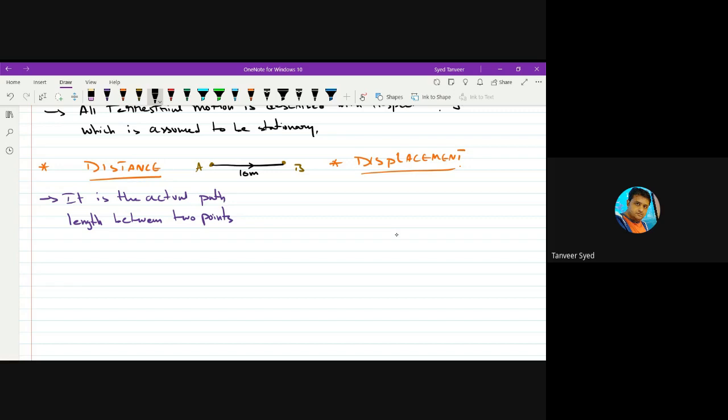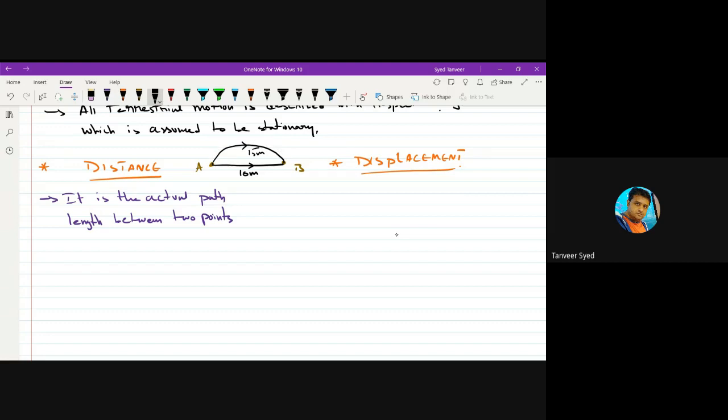Suppose I go from point A to point B like this, in this path. Now what is the distance traveled by me? I should again take a scale or a measuring tape, place it along this path, and measure it. It will obviously be more than 10 meter. Let us say it is some 15 meter.